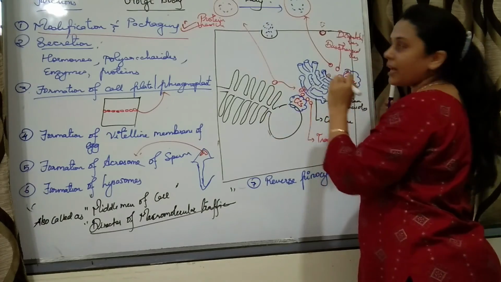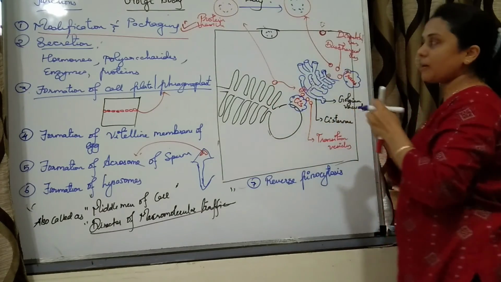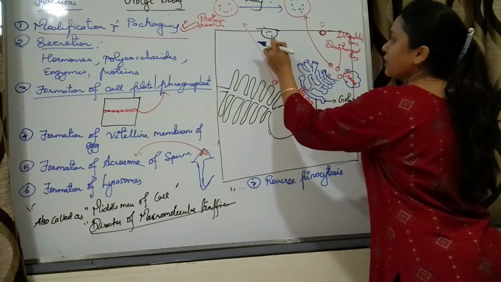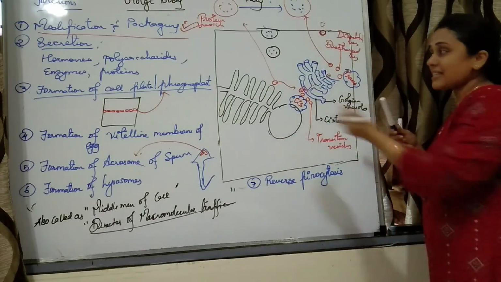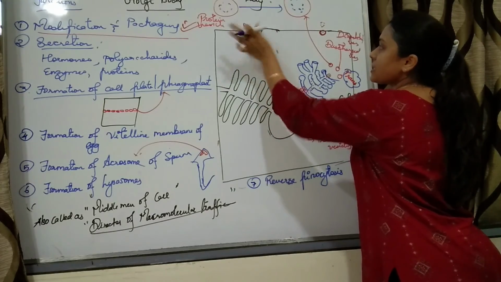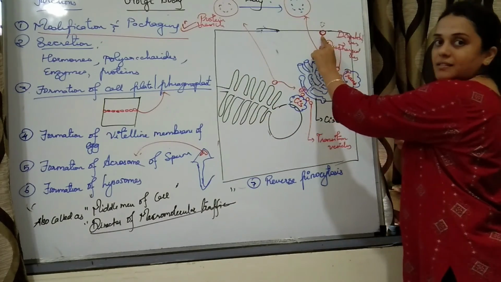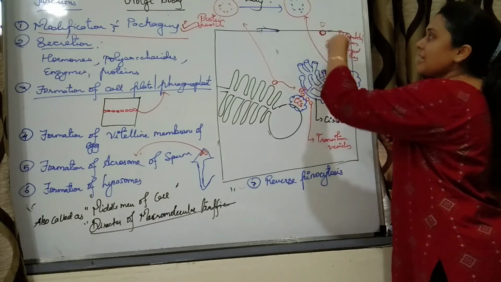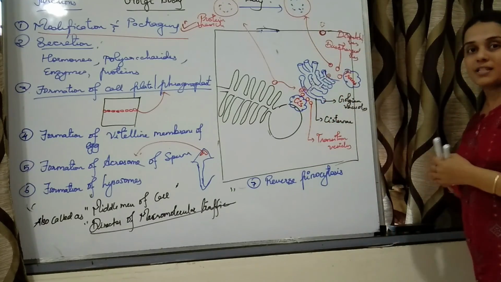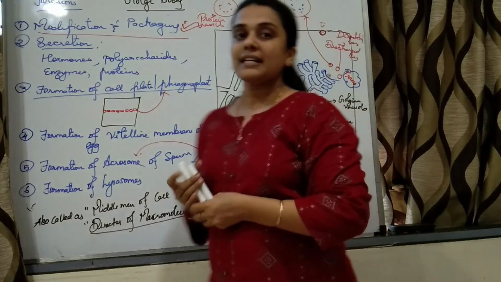The material enters inside, then the plasma membrane forms again and this material is dispatched. This is pinocytosis. What is reverse pinocytosis? It means that the vesicles released by the Golgi body release the substance outside. That is why it is called reverse pinocytosis.